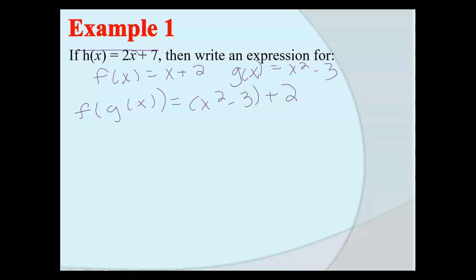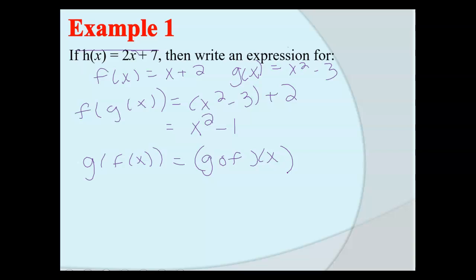The g replaces the x. So you get x squared minus 1. That is a new function. So we took 2 functions, we grouped them together and made a new one. Now we want to find g of f of x, if you write it the new way.